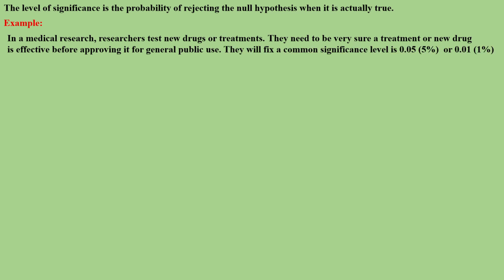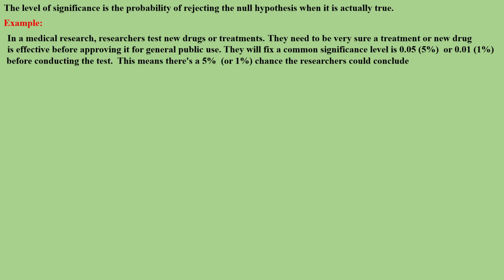Normally they fix a significance level, 5% or 1%, before starting the test. With 95% confidence, okay, or 99% in very critical cases, they need that confidence, so they use the 1% level. This means there is a 5% or 1% chance that researchers could conclude that the new drug or treatment is effective when it is not, right?